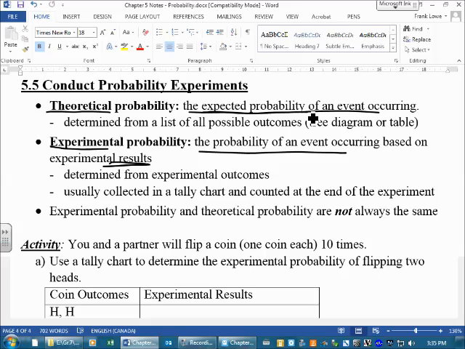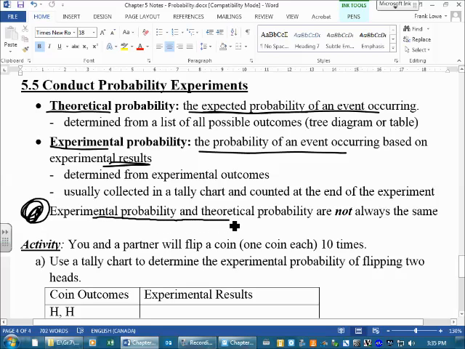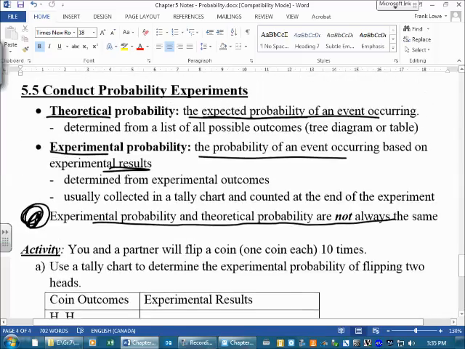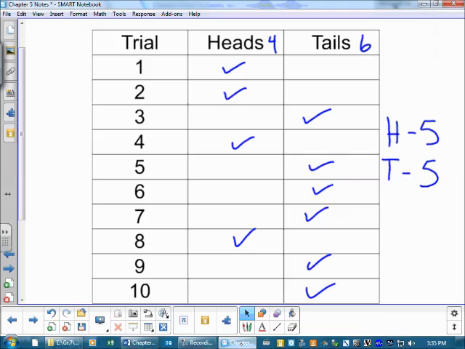However, I want you to look at this little point right here, experimental probability and theoretical probability. Let's say that instead of doing 10 trials, we did 100.